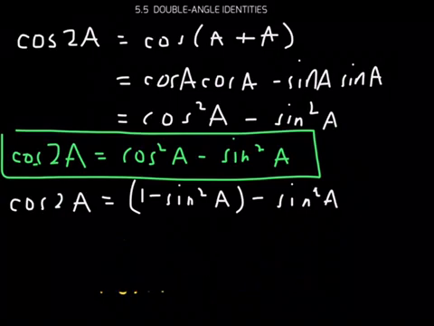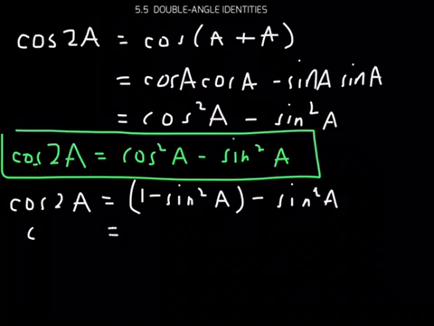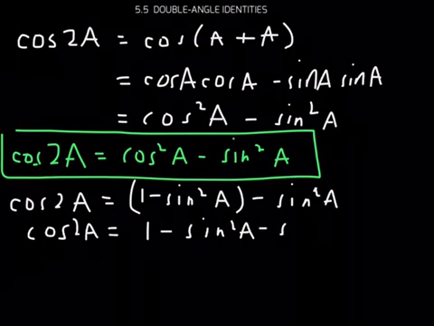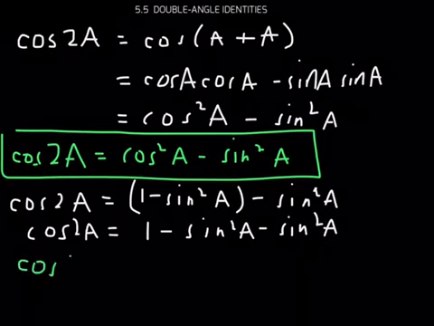So what we have now here is cosine of 2a is 1 minus sine squared of a minus sine squared of a, which leads us to the second double angle identity for cosine.